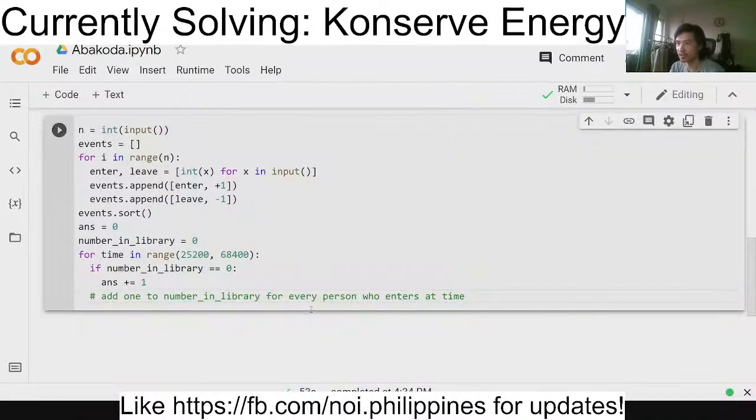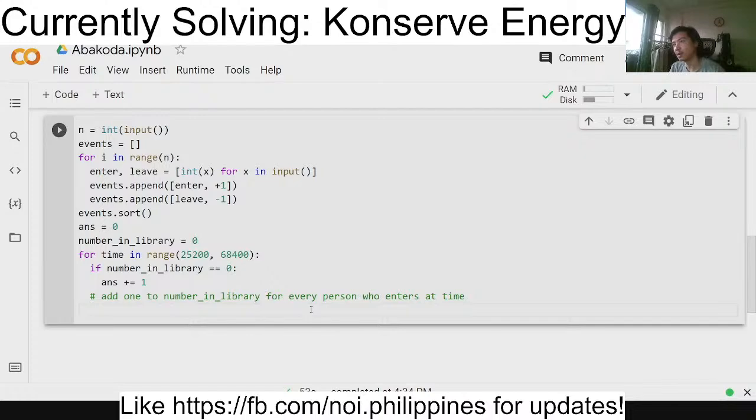So it would be nice if we had something like this. Number in library plus equals how many entered at time, right?